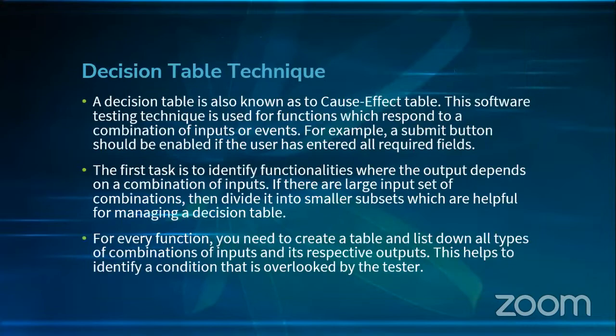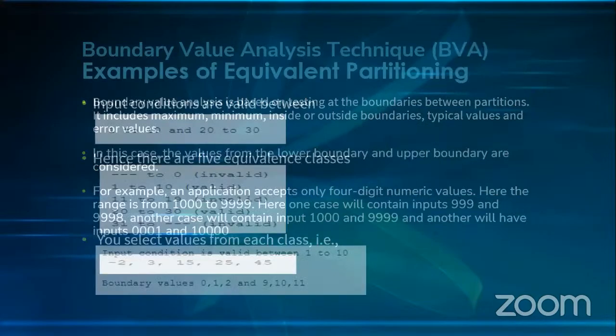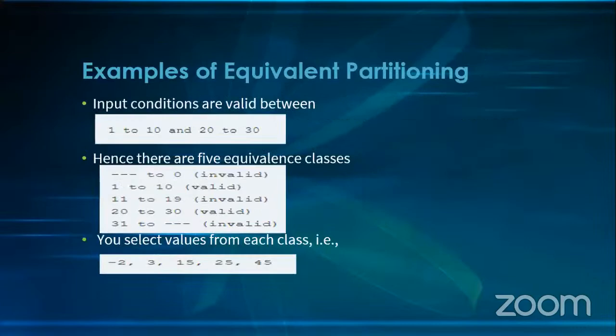If for the under 13 I make the age 14 years, and for the over 13 I make the age below 13, would you consider that to be equivalence partitioning?